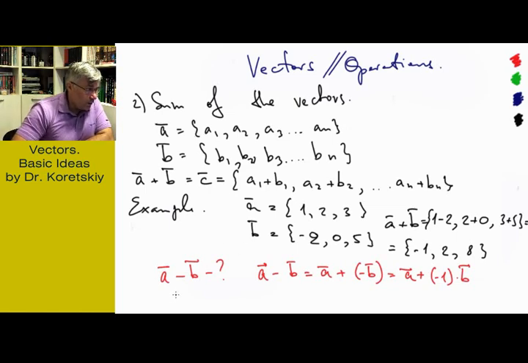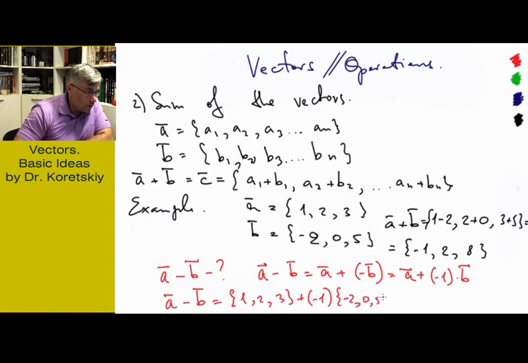So for example, for the given example, if you want to calculate a minus b, we have to do this: a, 1 2 3, plus minus 1 times b, minus 2 0 5, and the same thing like 1 2 3 plus 2 0 minus 5.